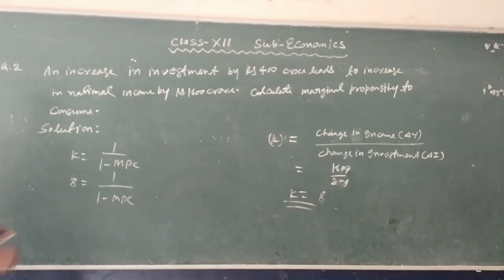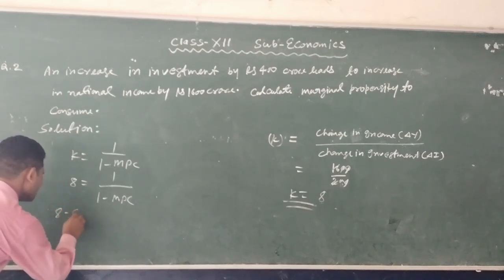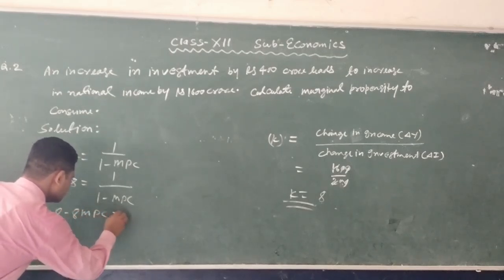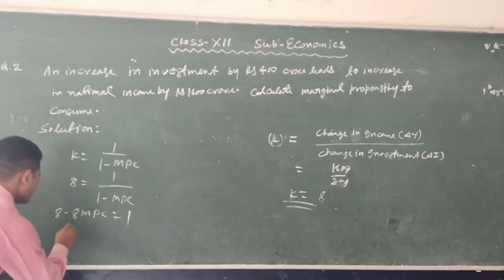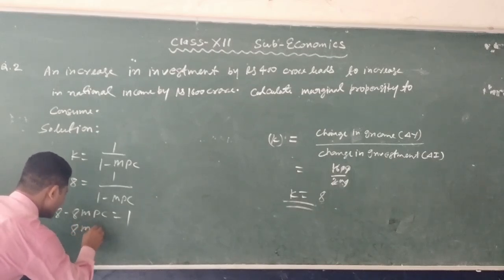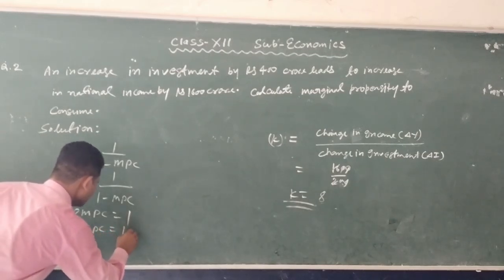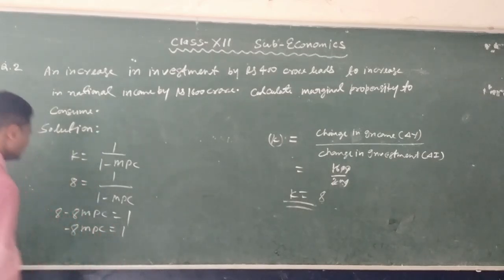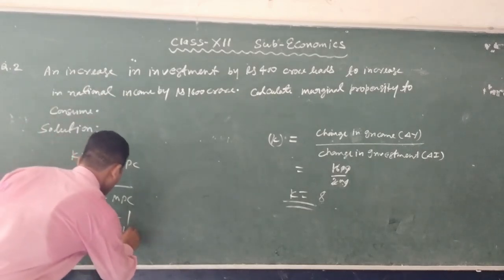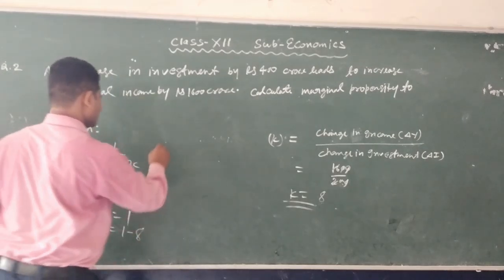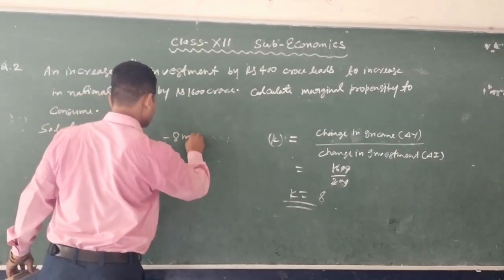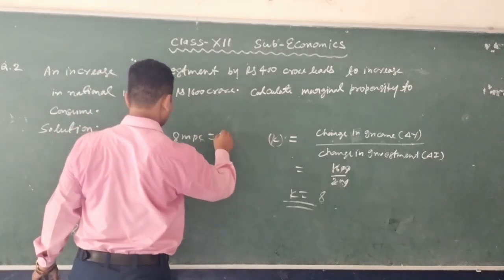Cross multiply: 8 minus 8 MPC equals 1, so minus 8 MPC equals 1 minus 8, which is minus 7.